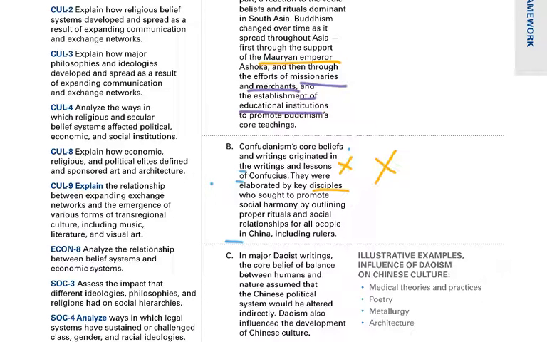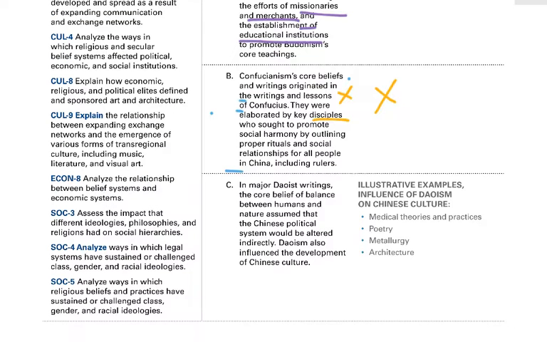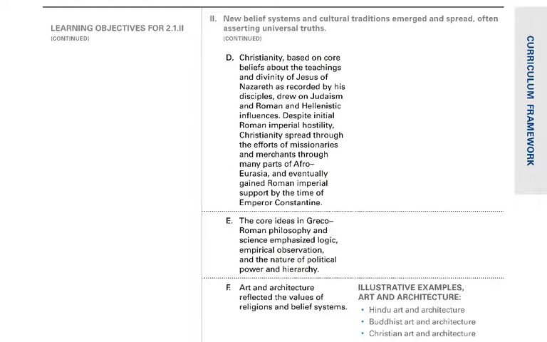They are not necessarily conflicting ideas. Because it's not a religion, more of a moral code, we can connect with the idea of Greco-Roman philosophy, where you emphasize logic. You don't do as much science and empirical observation in Confucianism, but it's not a religion, it's more of a moral code on how to organize the world.